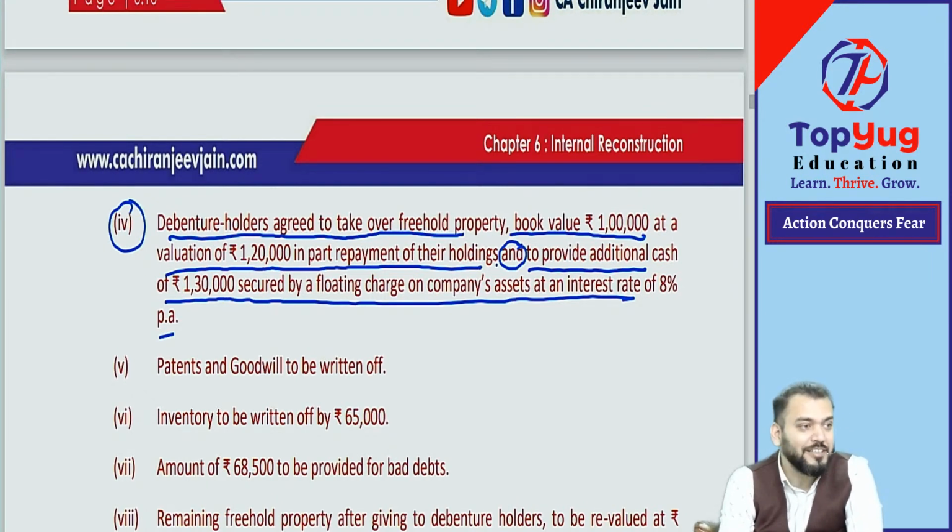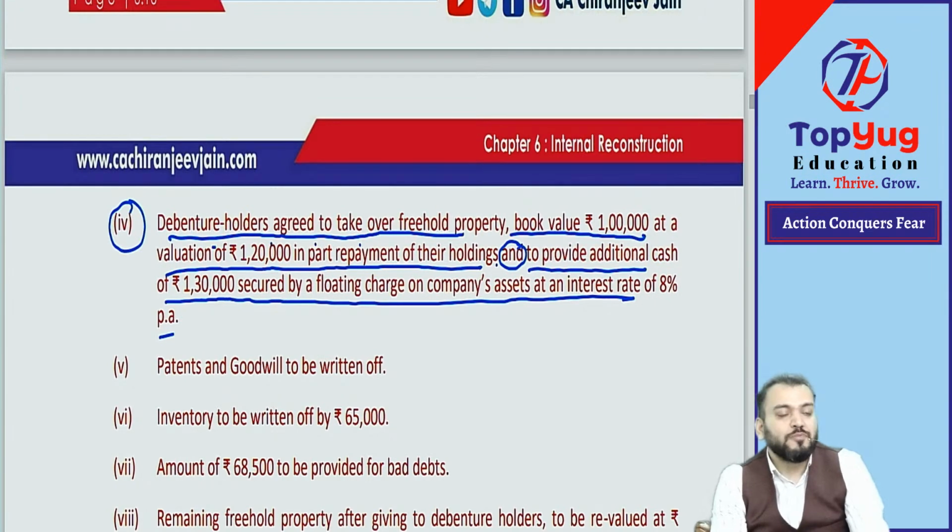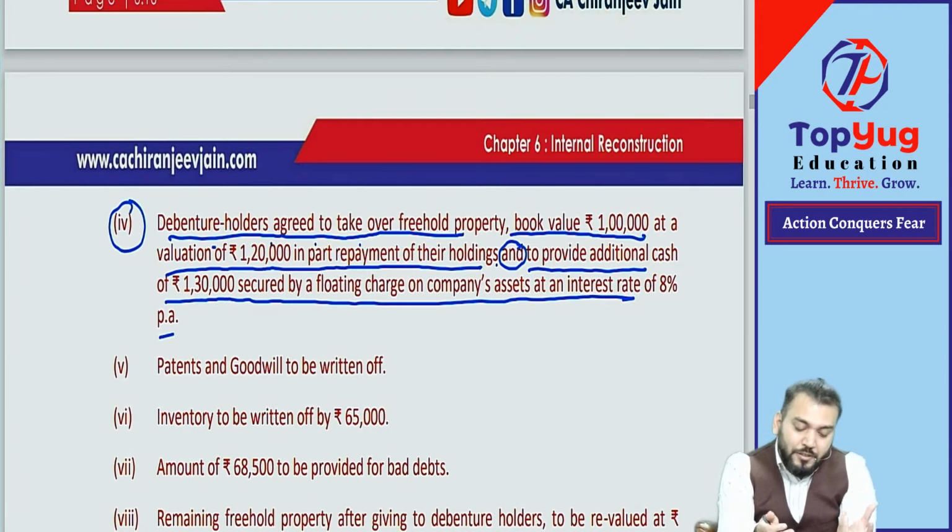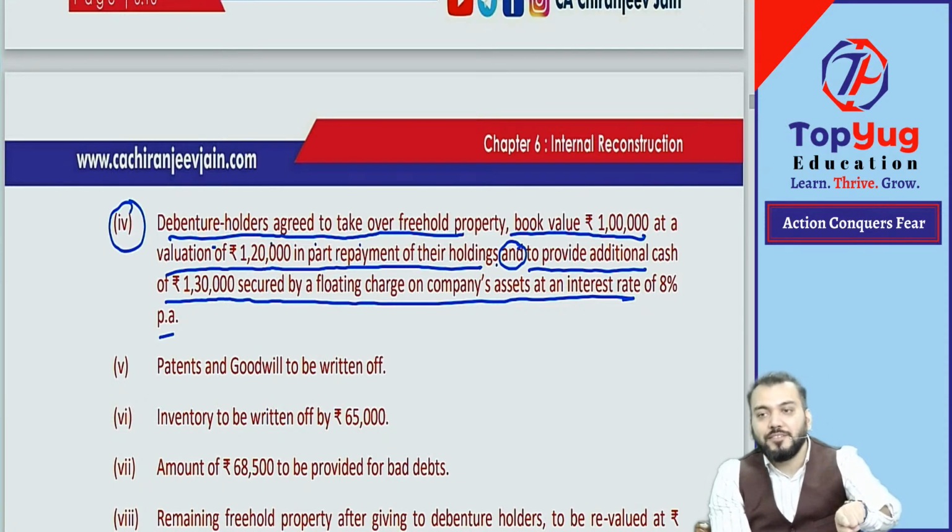It means up to this one piece of information, and after this another piece of information. Let us read separately, then you will understand. First, debenture holders agree to take over freehold property whose book value is 1 lakh and whose current value is 1,20,000 in part repayment of their holding. For their part payment, they have taken freehold property of current value 1,20,000 whose book value is 1 lakh.